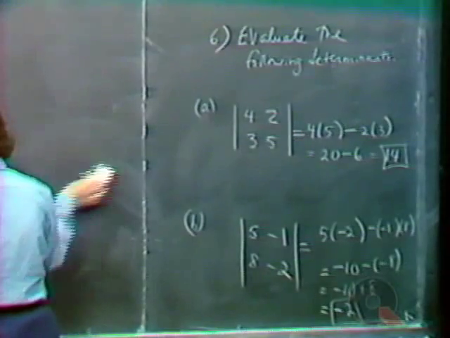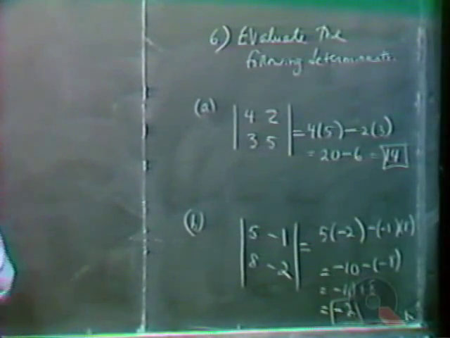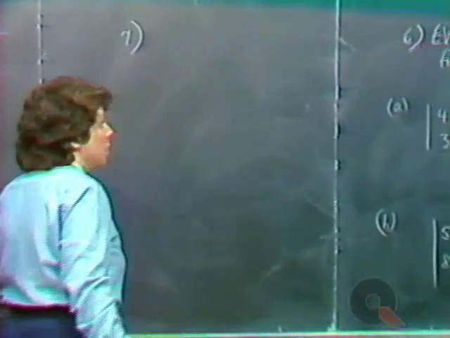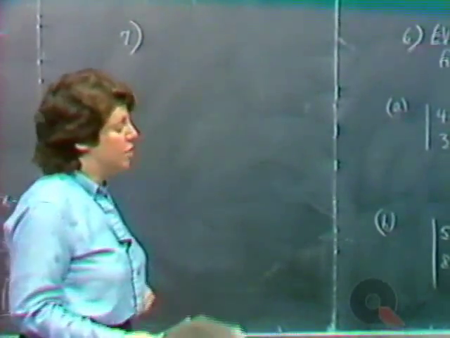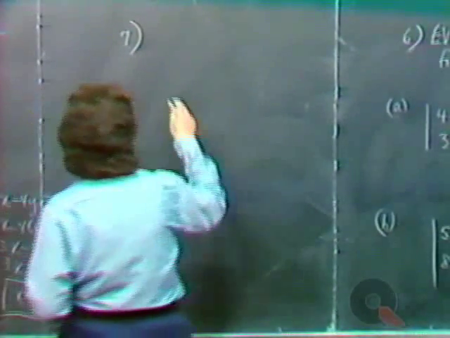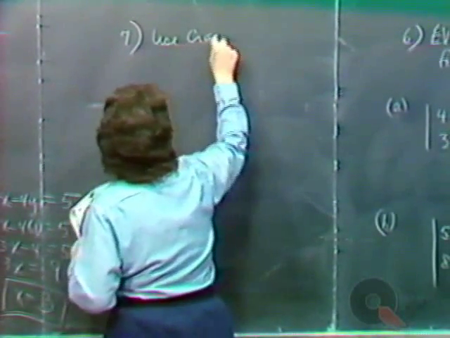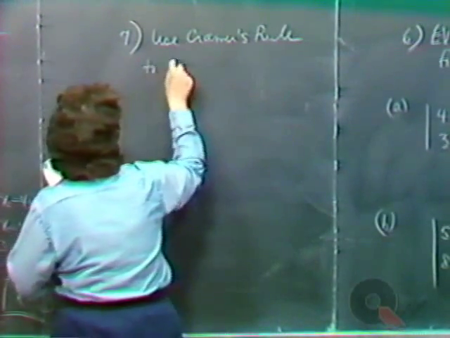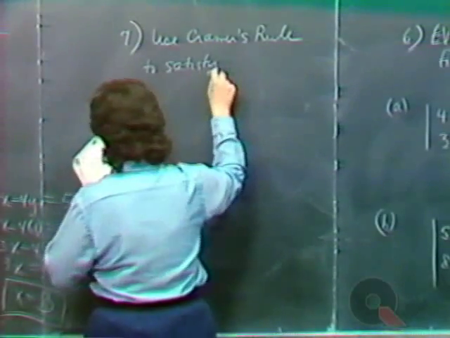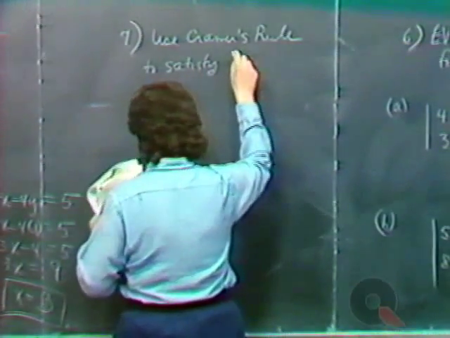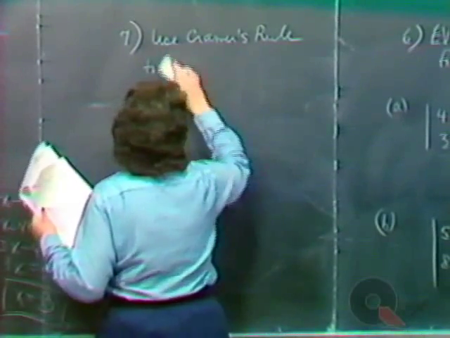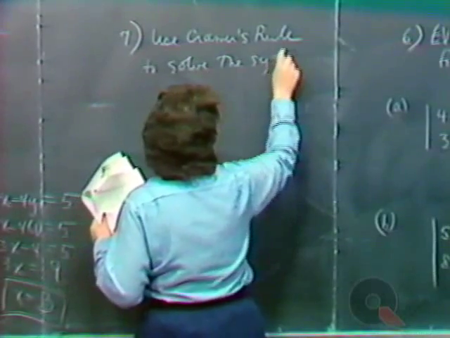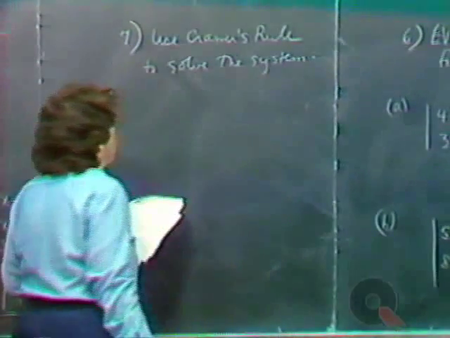Okay, now, using determinants and Cramer's rule, it is possible to have another way of solving systems of linear equations. And what I'd like to do is to use Cramer's rule to solve, excuse me, the following system of equations.